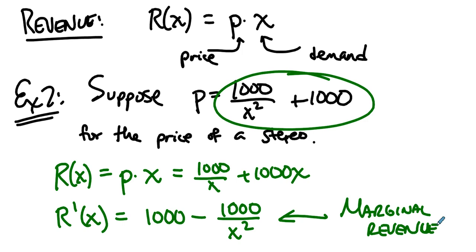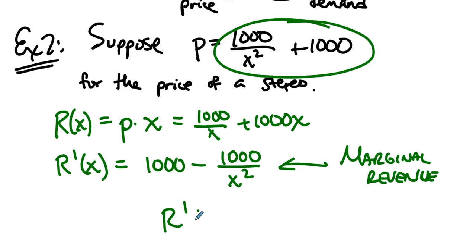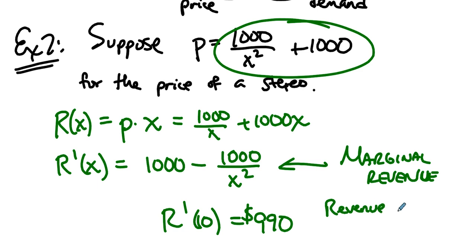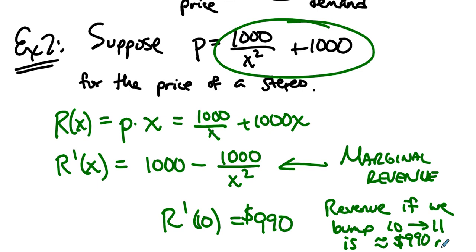So if, for example, R prime of 10 turns out to be $990, what does that mean? That means that the revenue, if we bump from 10 stereos to 11 stereos, is about $990 more. We can expect to bring in $990 more if we up from 10 stereos to 11 stereos.